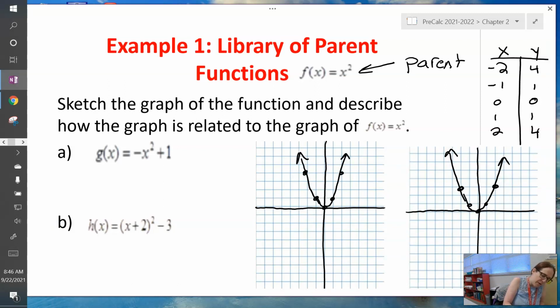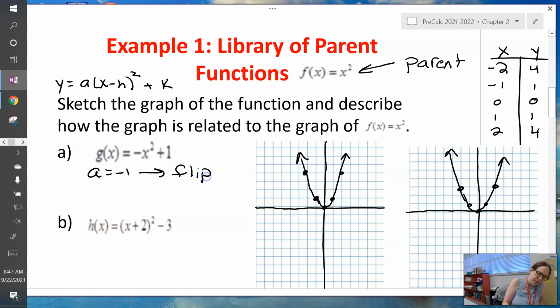And remember, sort of our generic is going to be y equals a(x minus h)² plus k. So if I look here at -x squared plus 1, I see a equals -1, and that causes it to flip. And then I see k equals 1, which causes the graph to go up 1.